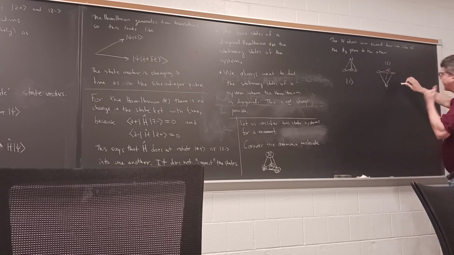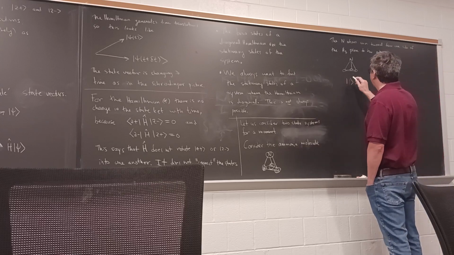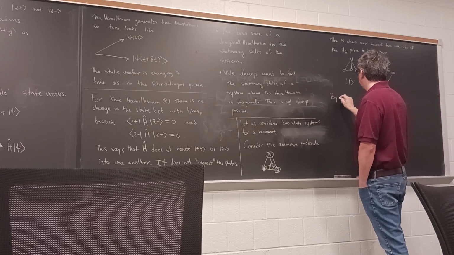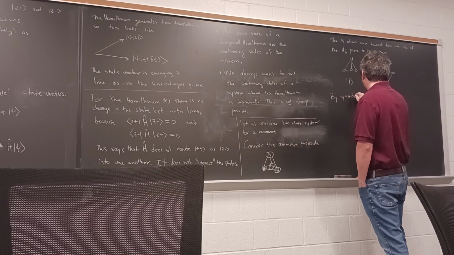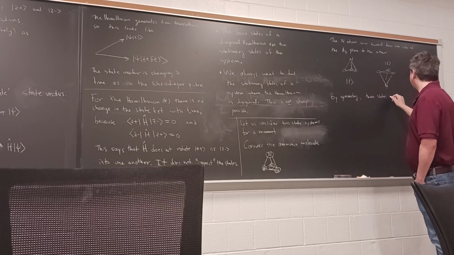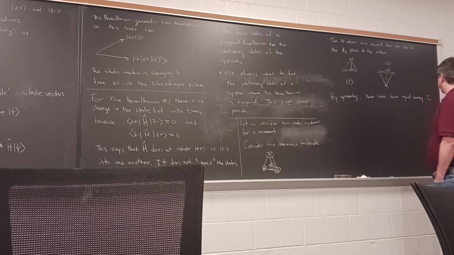Okay, so you can consider the nitrogen molecule in one of these 2 states if we want to simplify it. So this is the simplest picture of the nitrogen states. And just by symmetry, these states have equal energy, E0.